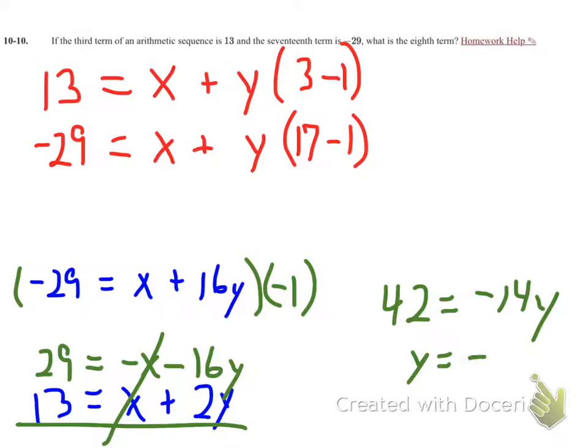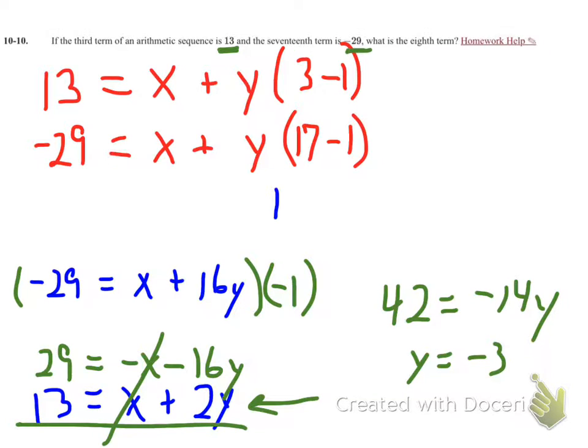Y will equal negative 3. So the change here is negative 3, which makes sense because it's going from 13 down to negative 29, so it is going down. Your change has to be a negative value. Now once I have that, I'm going to put that back into one of my equations. I'm going to use this blue one right here.